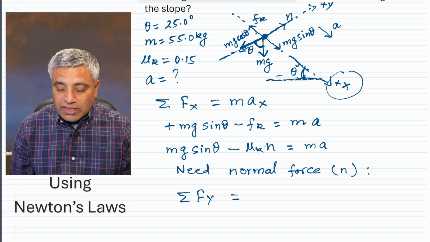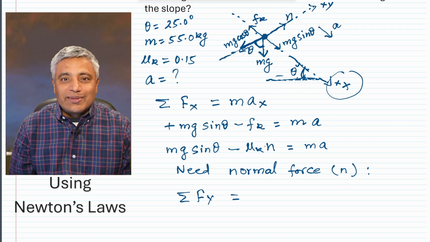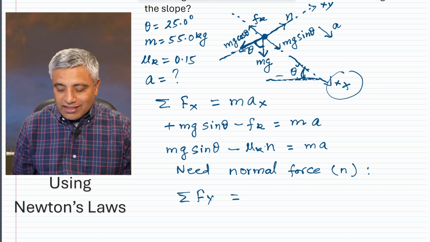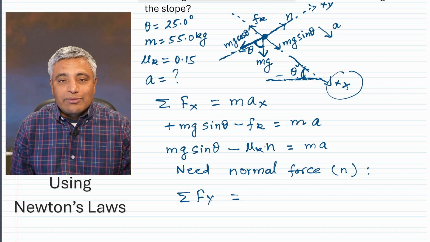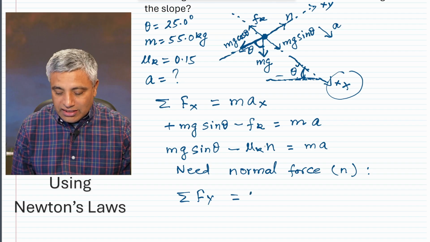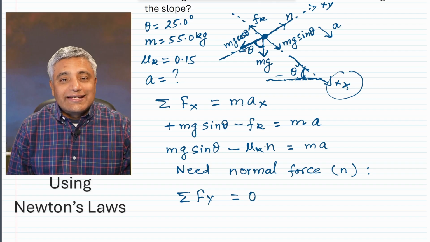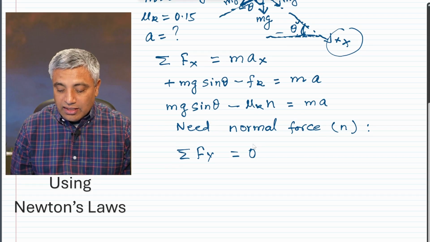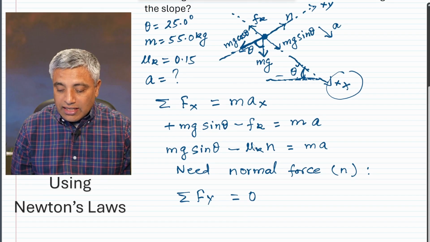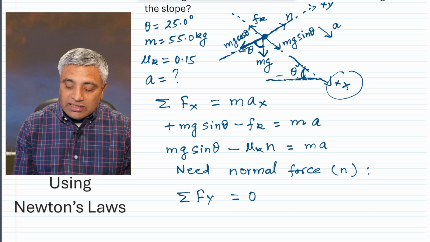Mass times acceleration, but the object is not accelerating in the y direction. It is only accelerating in the x direction. So acceleration does not have a component along the y direction, which means acceleration is going to be 0. In other words, the object is in equilibrium along the y direction. So the sum of forces, looking at this free body diagram, we see there are two forces along the y-axis.